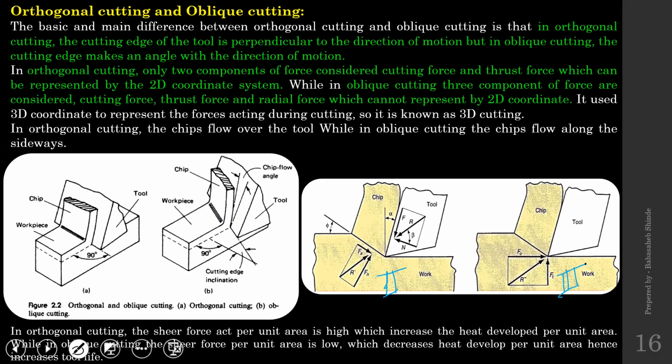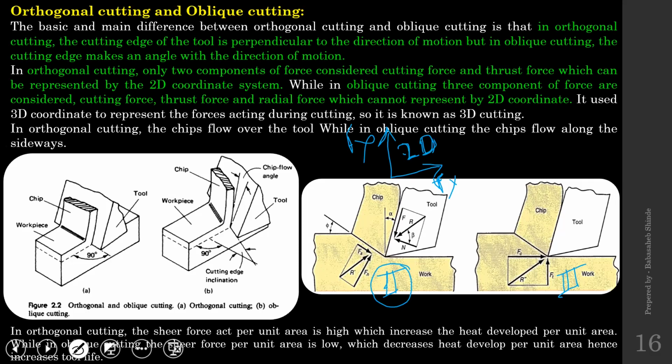Now, when I try to represent this force system, I will have to take the help of only two axes, because one force I will represent on this axis, one force on this axis. So the representation system will be a 2D system.